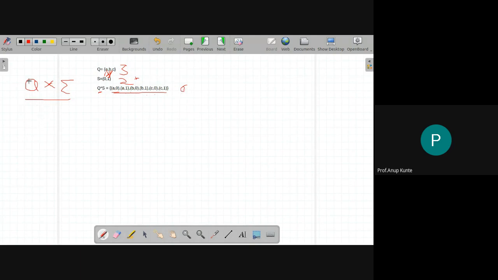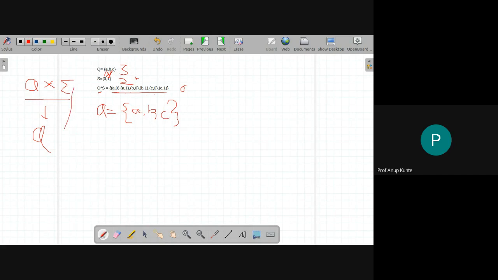Now, whenever I say Q cross sigma is mapped to Q, this indicates I'm creating a map or a function between Q cross sigma and the Q set. Map is also called a function in other languages. Q set is ABC. So what I'm trying to do is represent a mapping.